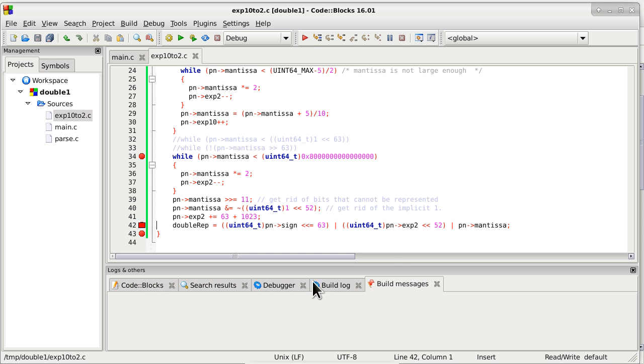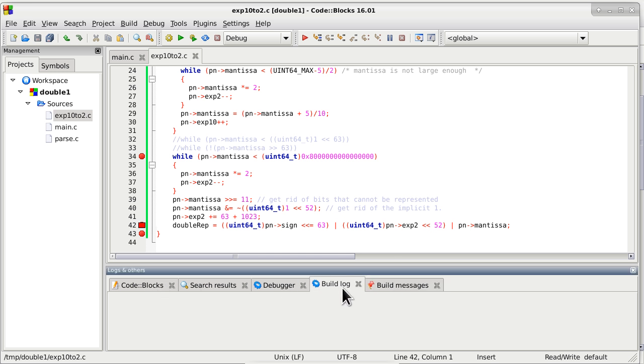So let's go to build log. Is it because of the parentheses again? On which line? It looks like it's on this line here. Oh, an extra one?